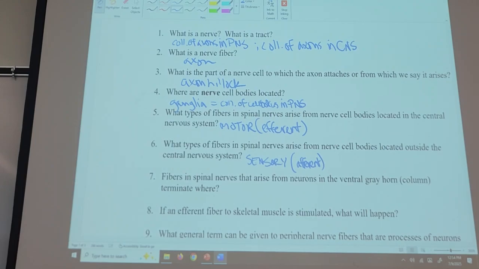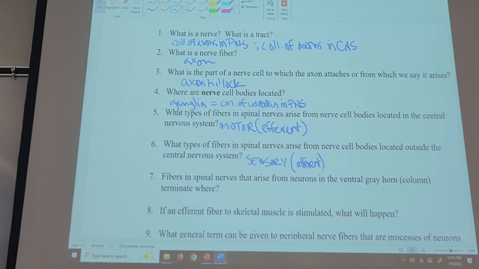What structures are they found in? Where do we find clusters of cell bodies in the PNS? In ganglia, right? And what's the specific ganglia you identified yesterday? The DRG, dorsal root ganglion.